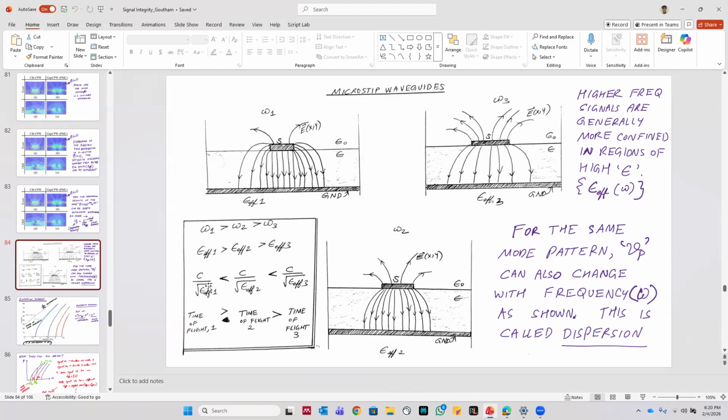So you see that the signal that has a higher frequency is the one that travels at a lower speed, right? So now you have a digital signal that has several frequency components, and each frequency component is now traveling at a different speed through the same link, because each frequency component experiences a different effective dielectric constant in the cross section.